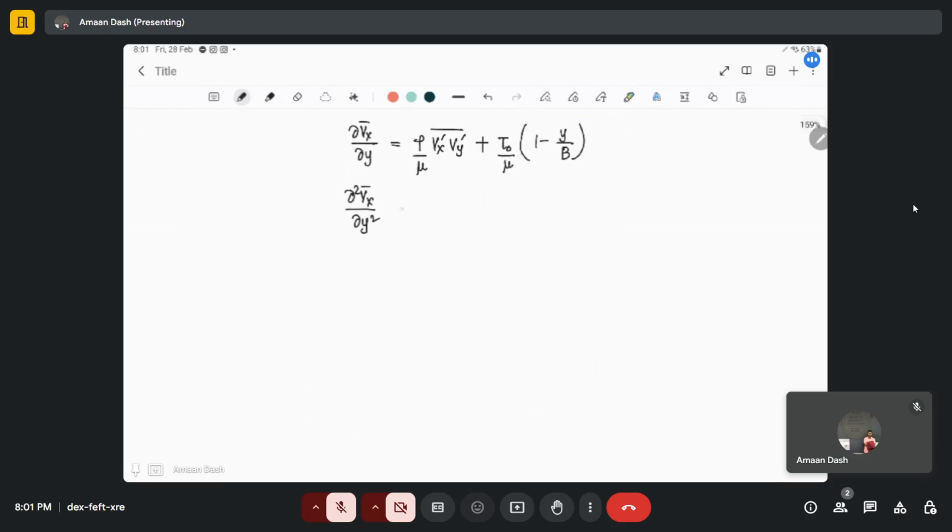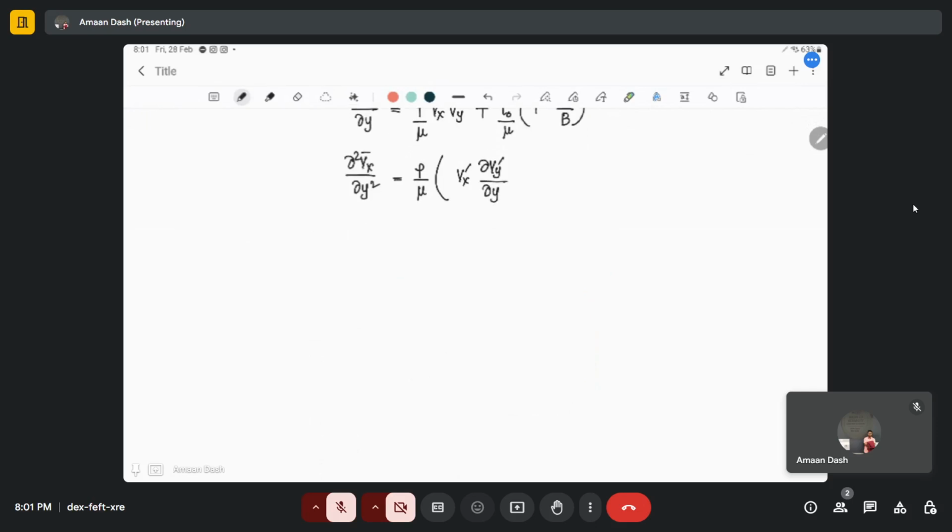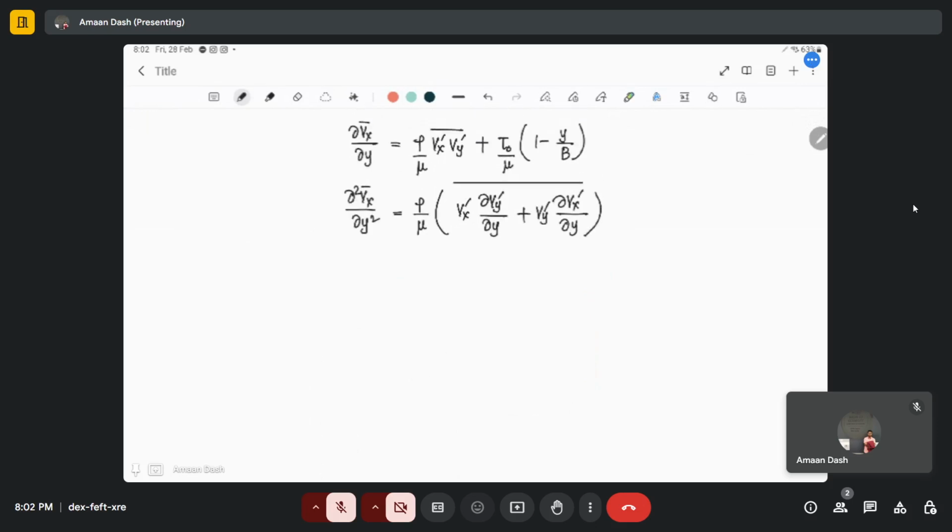So this will be equal to rho by mu times the derivative of Vx prime Vy prime bar with respect to y, plus, this will be minus tau 0 by mu times b.